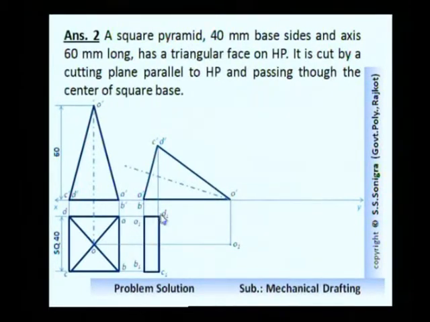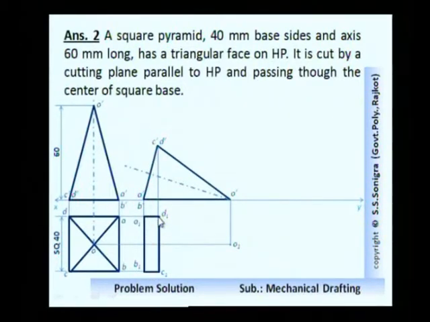Now if you look from the top side, from here, this square base would be fully visible. Hence we join A1, B1, C1, D1 with a full line, because this bottom face would be fully visible in top view. If you look from the top side, this square base would be visible as a rectangle like this.